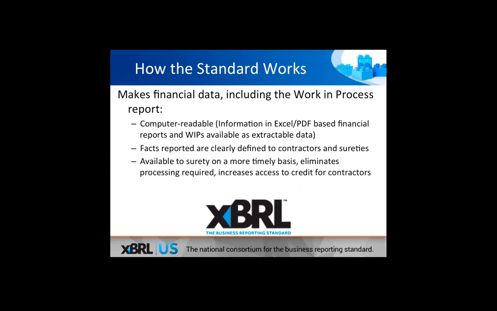And the work in process taxonomy that we're going to show you a little bit later has been developed by a collaborative group of sureties, contractors, and different organizations, because we work together to agree upon the terms that we're going to use, how they're defined, and ultimately how they're used. So these are terms like percent complete, earned contract revenue, cost to complete, terms that you're all familiar with.